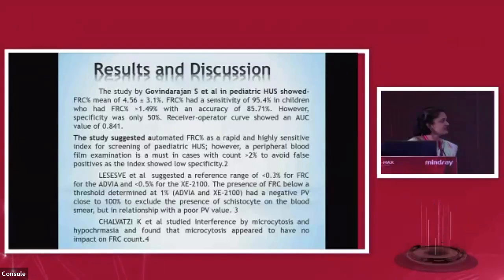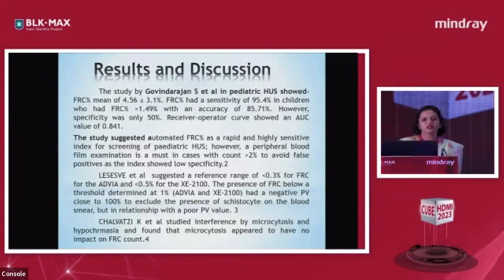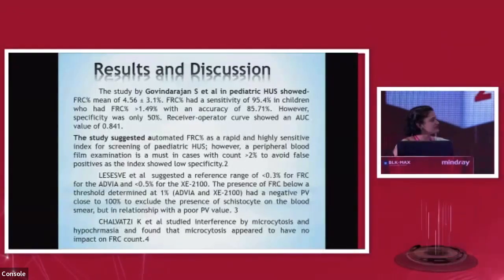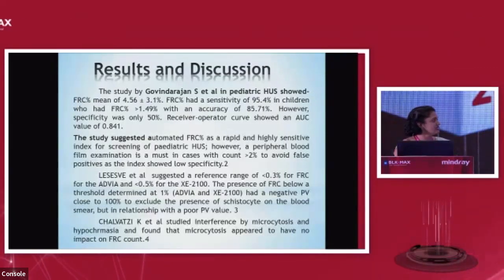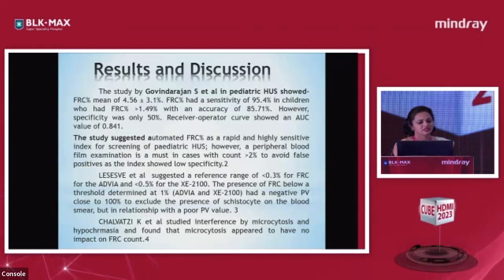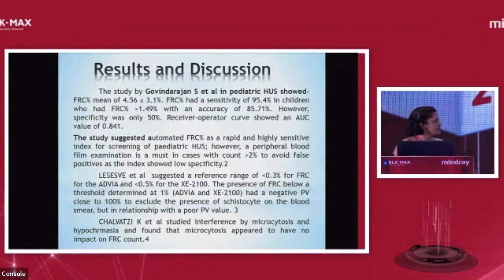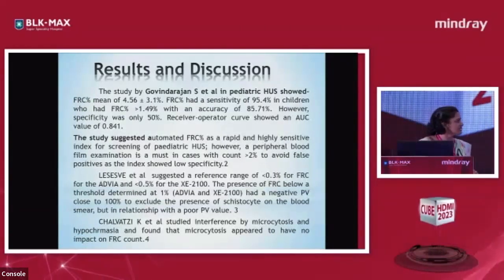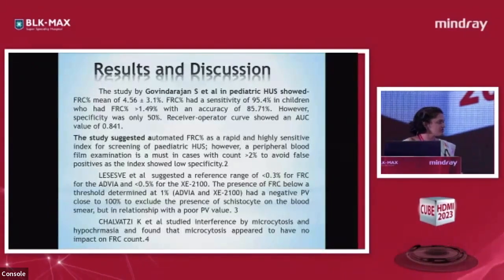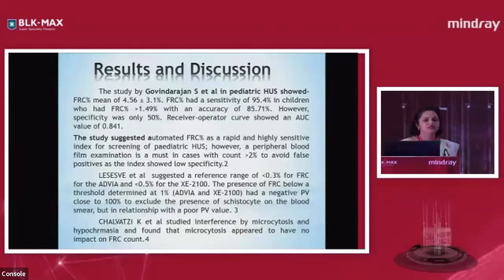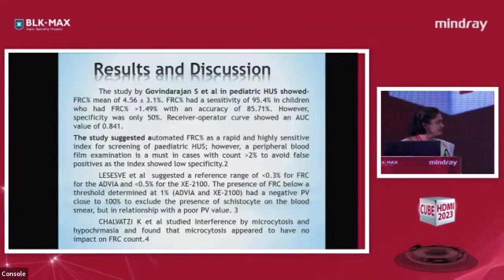And another study has given a reference range for the ADVIA analyzer of less than 0.3%, and for XC 0.5%. So the presence of FRC below a threshold determined at 1% has a negative predictive value close to 100% to exclude the presence of schistocytes on the blood smear, but with a poor positive predictive value.